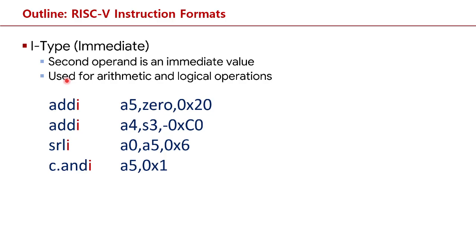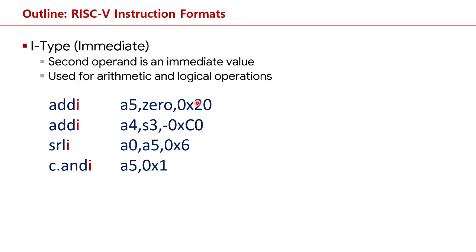So here is an example of the I-type assembly instruction. Please take a look at the example assembly instructions: addi, srdi, c.add. These example instructions share one simple signature: the instruction ends with the I character.